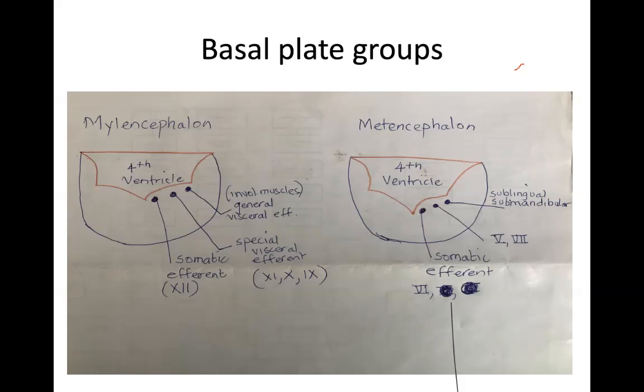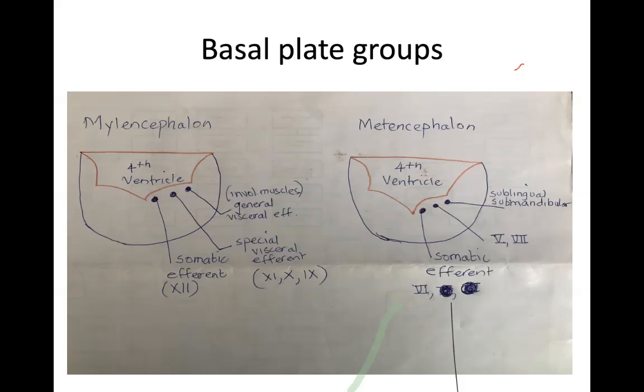As we come to the pons, because the metencephalon consists of pons and cerebellum, but cerebellum develops differently, so we are not going to talk about cerebellum. For now, metencephalon means pons. You again have the same three groups.